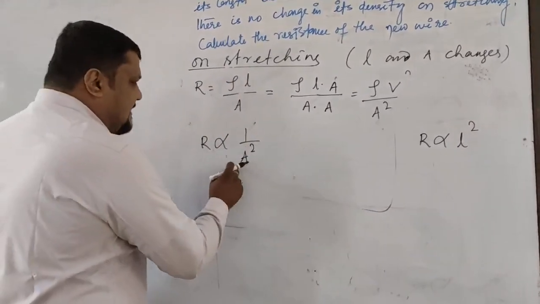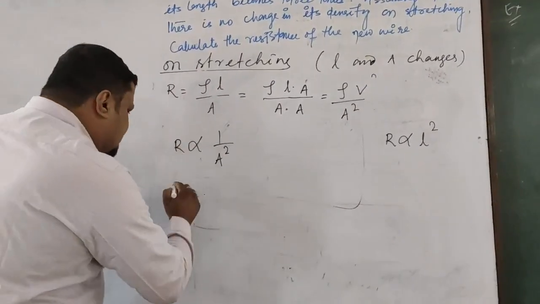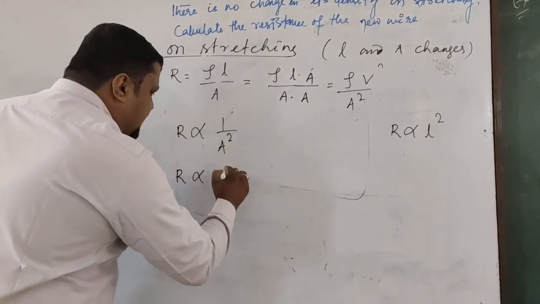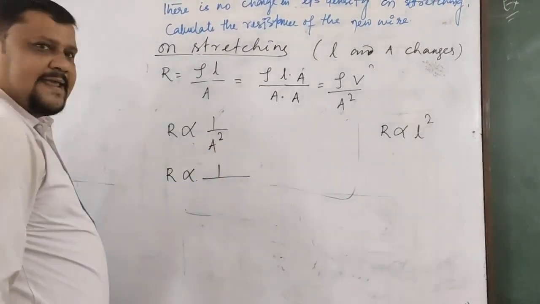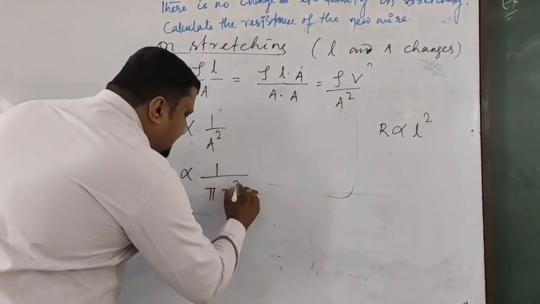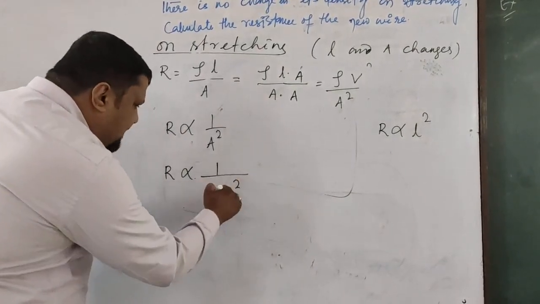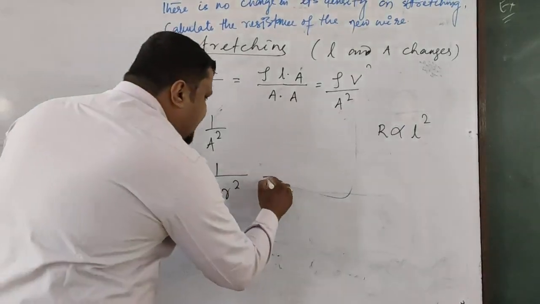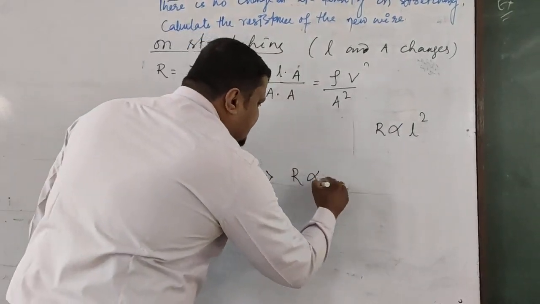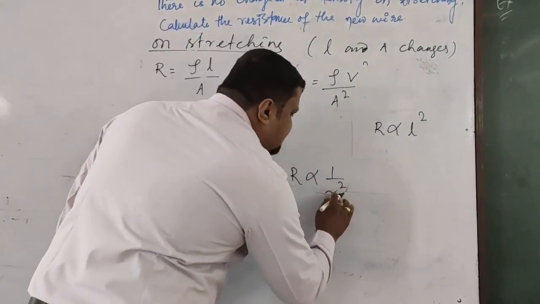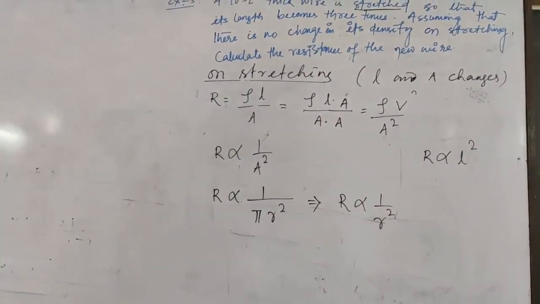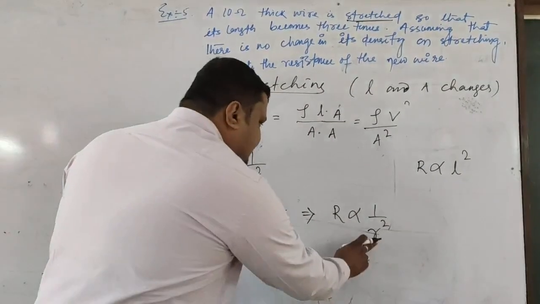In this question diameter and radius are given. So you can write R is proportional to 1 by area, which is pi R square, or pi D square by 4. So 1 by pi is again a constant. From here also I can write R is proportional to 1 by radius square, it's inversely proportional to R square.